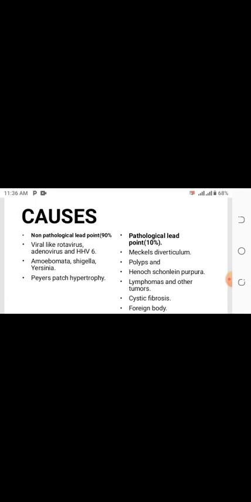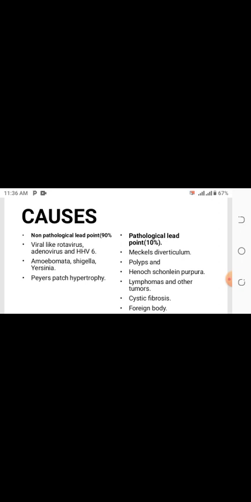Under the non-pathological lead points, we have the viral causes like rotavirus, adenovirus, then human herpes virus 6. Then we have Shigella, Yersinia, and Peyer's patches hypertrophy. All those comprise the non-pathologic lead points.